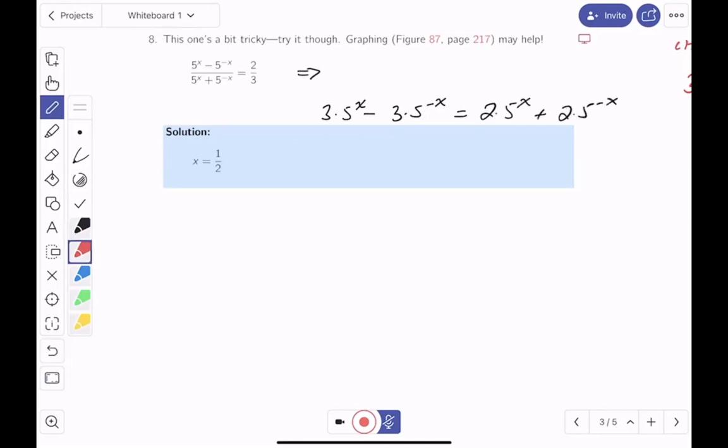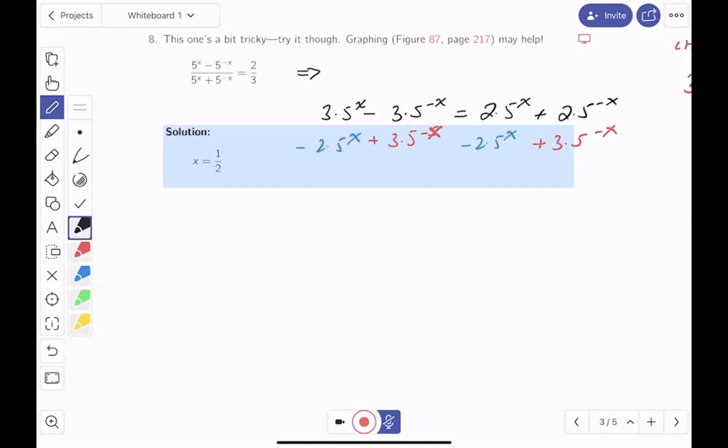I'll be very careful here. I'm going to add 3 times 5 to the minus x to both sides. Whoops, I'm sorry, minus x. And I am going to subtract 2 times 5 to the x from both sides.